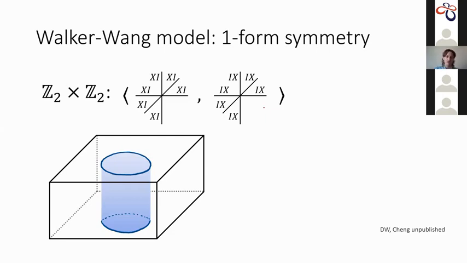So you can still use this history state, which tells you the value of this cylinder bulk operator, and measure these string operators on the surface, and overall those things will give you +1. So you can use the past history to tell you whether you want to flip or not flip your final string operator to do your correction, if you like.